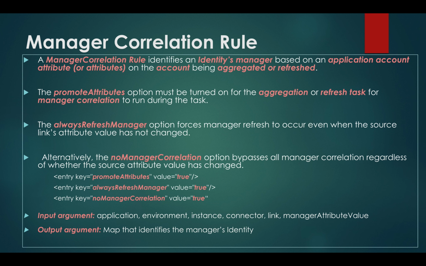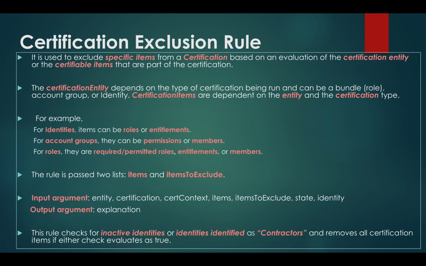So these are the three important check boxes that need to be set to true or false depending upon the company's requirements, so that you can trigger the manager correlation rule or stop it from executing. Therefore, the input arguments for the manager correlation rule are application, environment, instance, connector, link, and manager attribute value, and the output is a map that identifies the manager's identity.